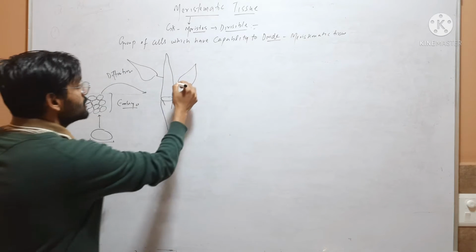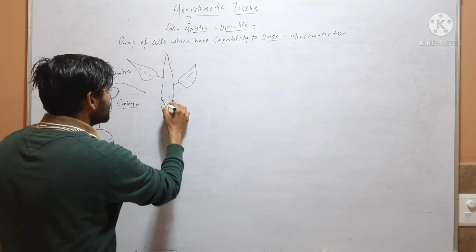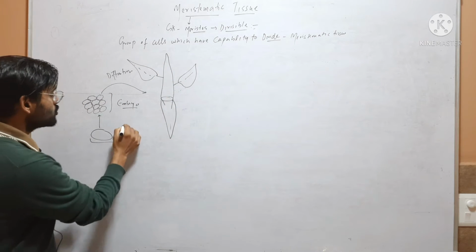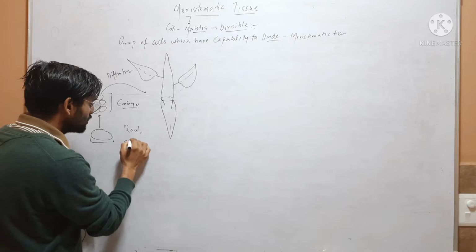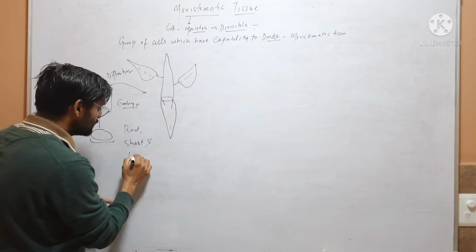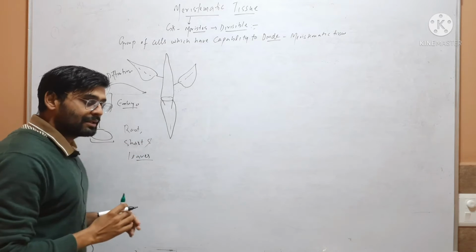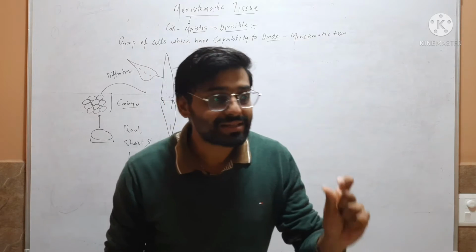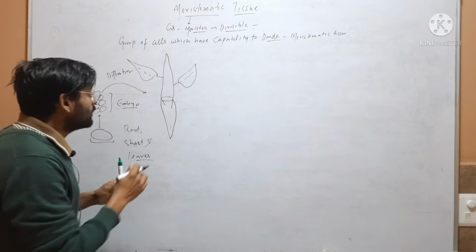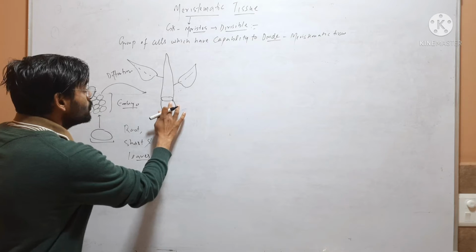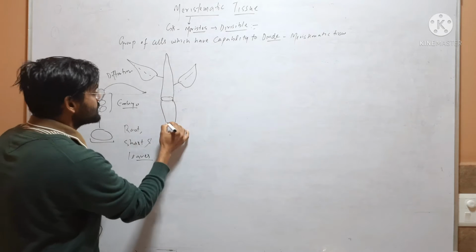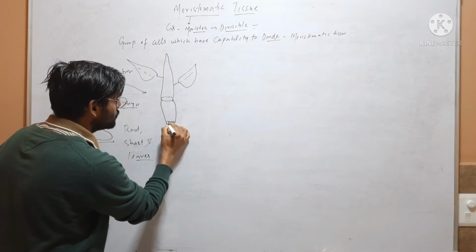and leaves. So after differentiation, or formation of root, shoot and leaves, only certain areas are left where there is a group of cells which have the capability to divide.